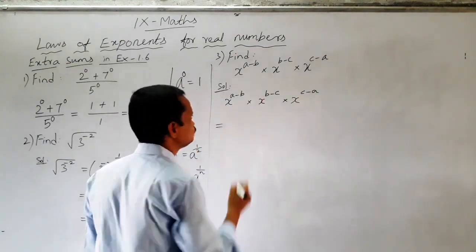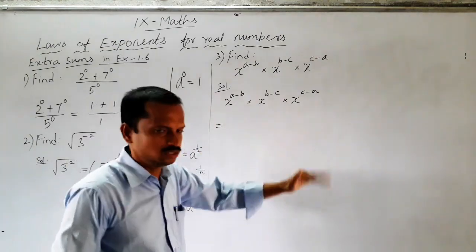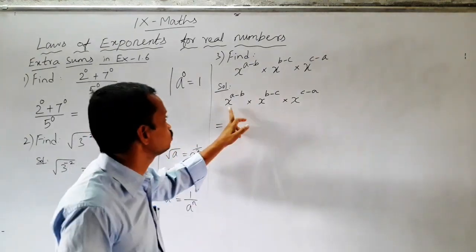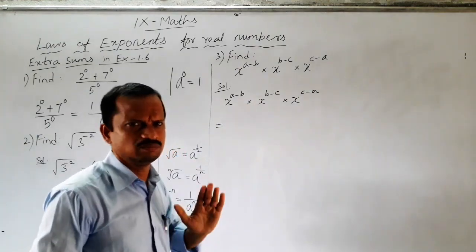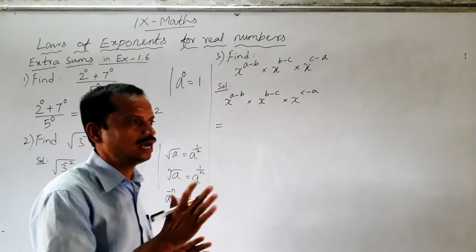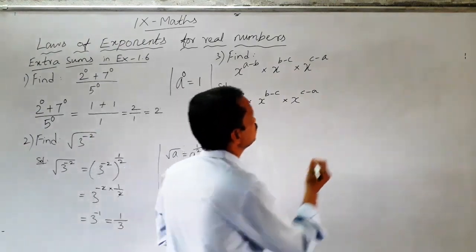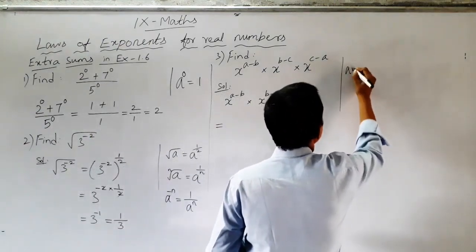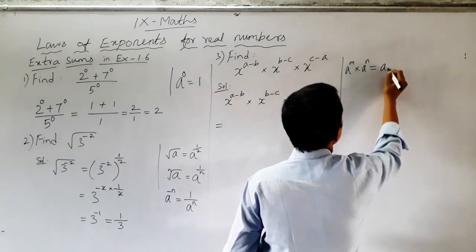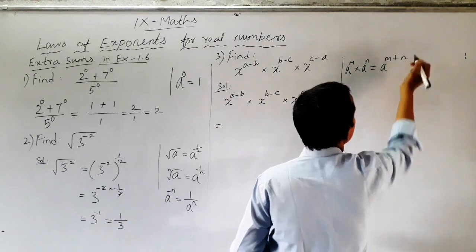Which is equal to the same base multiplied how many times? 3 times. 1, 2, 3. Whatever the number of times the same base is multiplied, you put the base common and you add the powers by applying the law. Which law? a power m into a power n is equal to a power m plus n.